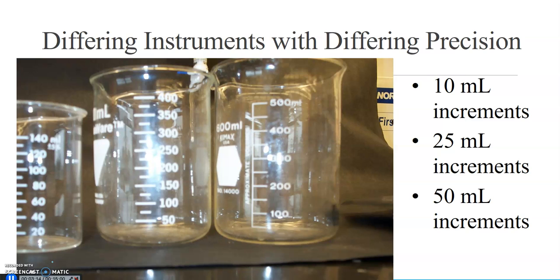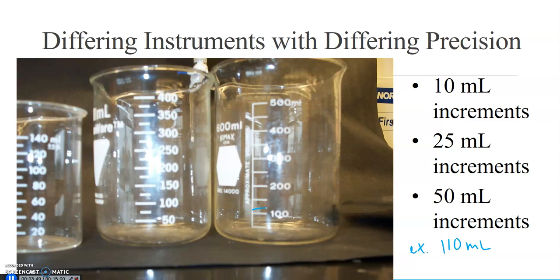Let's say we wanted to fill our beakers with 110 milliliters of water. On the beaker marked off in 50 milliliter increments, we can't be very precise. We see 100, we see 150. So let's say 110 is right about there. That's not very precise. If I do that multiple times, I find it hard to believe that I'll be in the exact same spot every time I fill to 110.